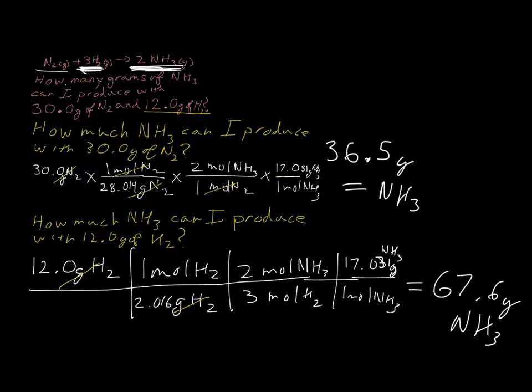So, I have enough nitrogen to produce 36 grams of ammonia. I have enough hydrogen to produce 67.6 grams of ammonia.